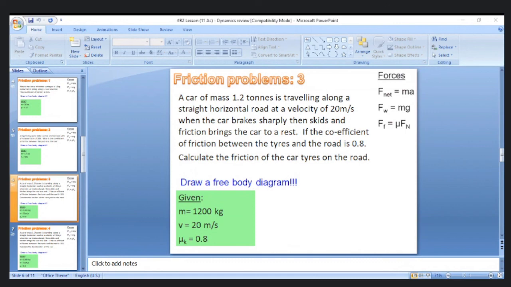Okay, I'm going to start again with my free body diagram.